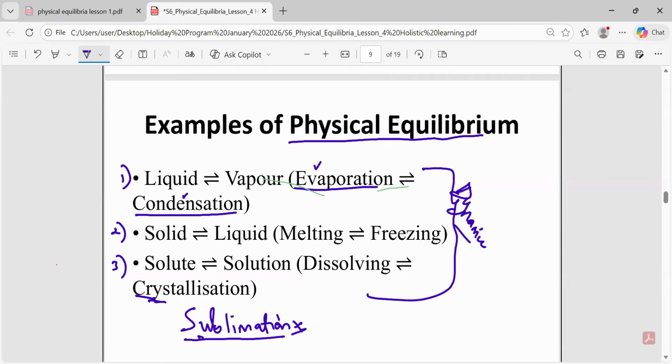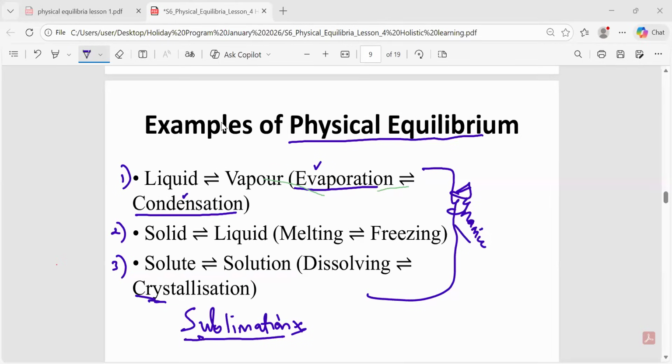About that concept of energy, as I can explain it, if there is formation of a bond, there is always release of energy, and when there is breakage of a bond, there is always absorption of energy.